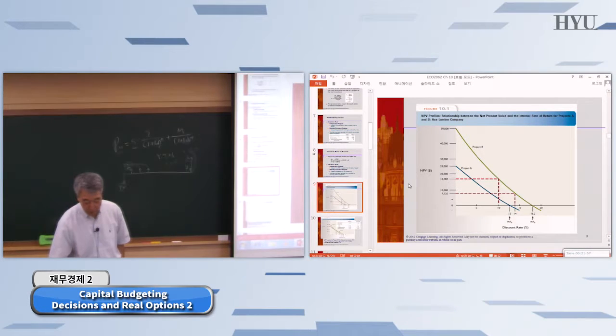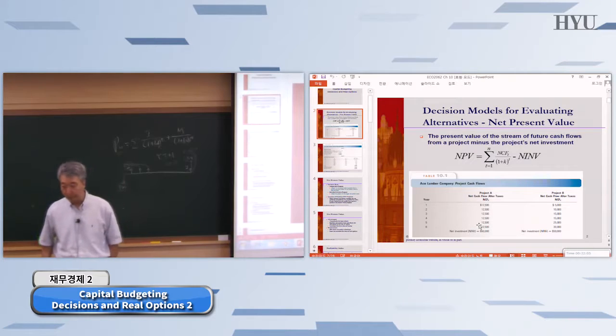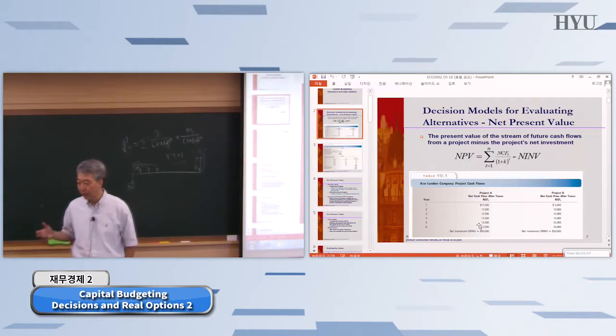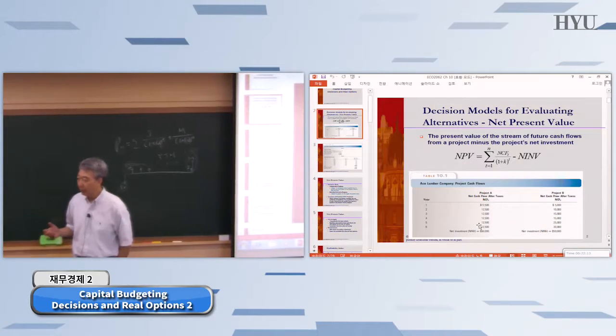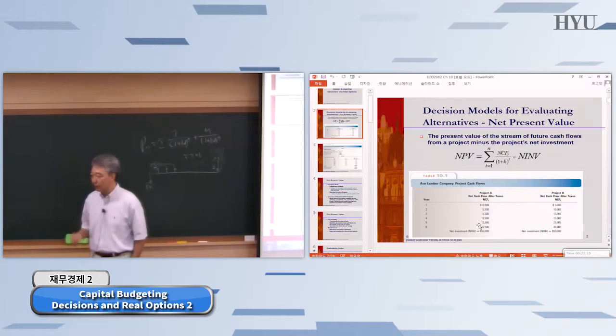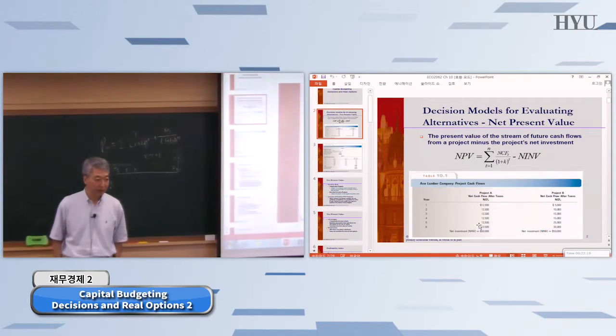That assumes that all these cash flows in the middle, starting from the first year, 12,500, all these cash flows are reinvested at the same rate, at 13%, right? Assuming that the internal rate of return comes out to be 13%. Okay? You understand the idea, right?